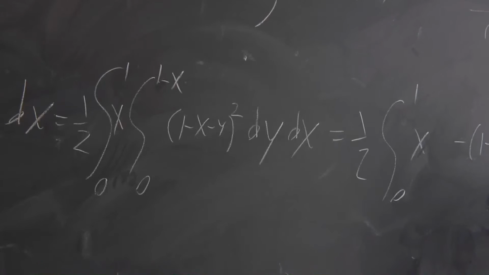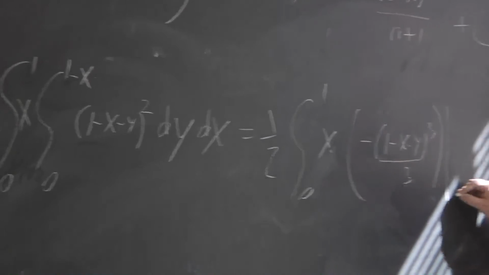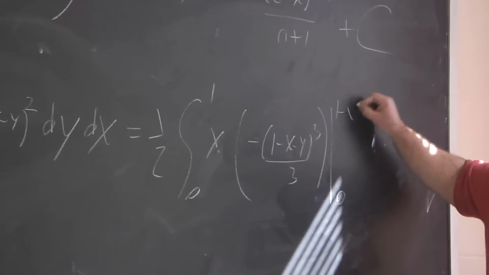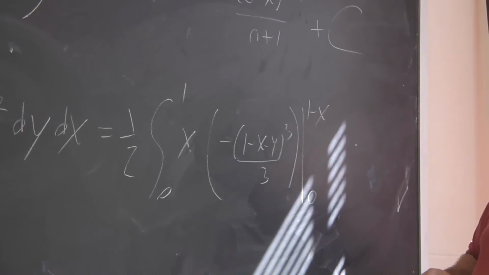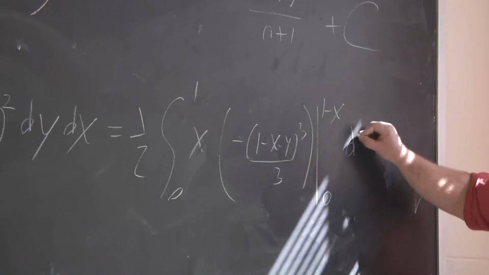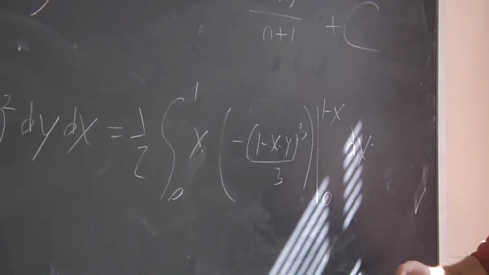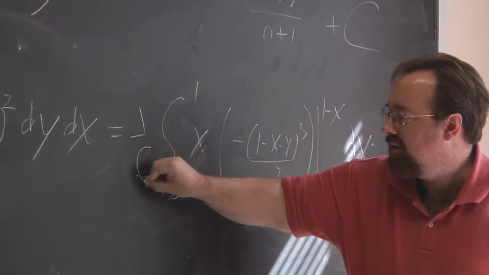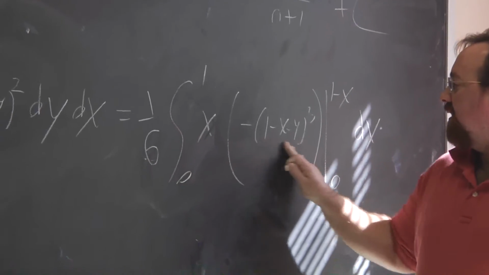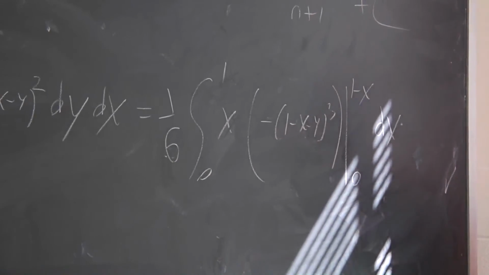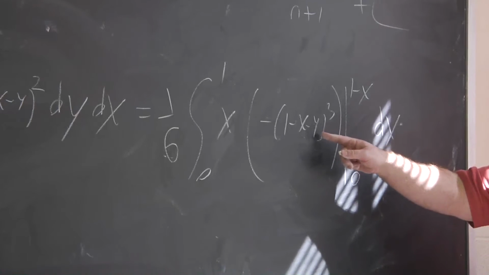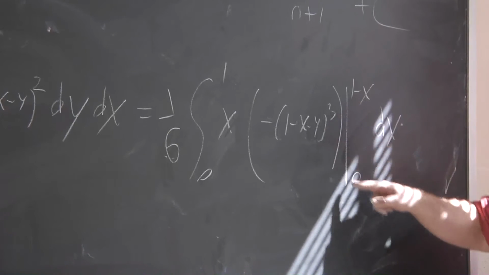Evaluated at 0 and 1 minus x, dx. All right, we have this 1/3 here. Let's just pull it out. Okay. So now we plug in the limits. y is going to be equal to 1 minus x and 0.